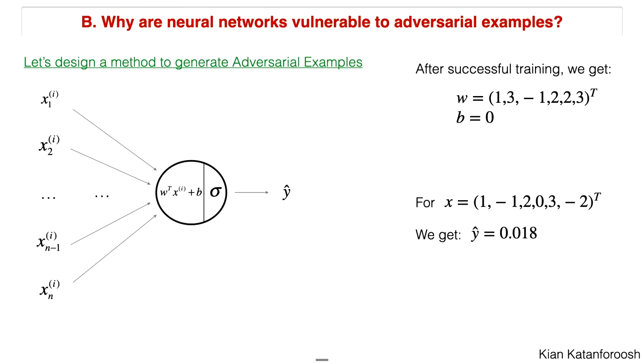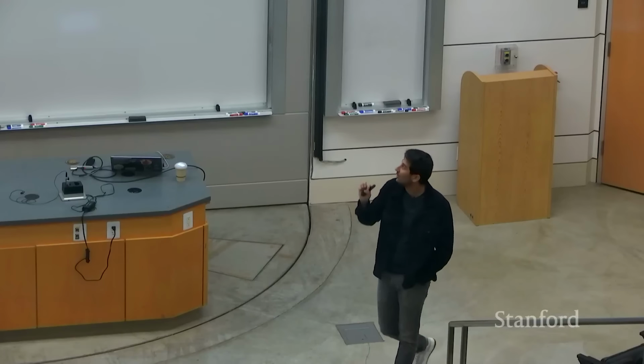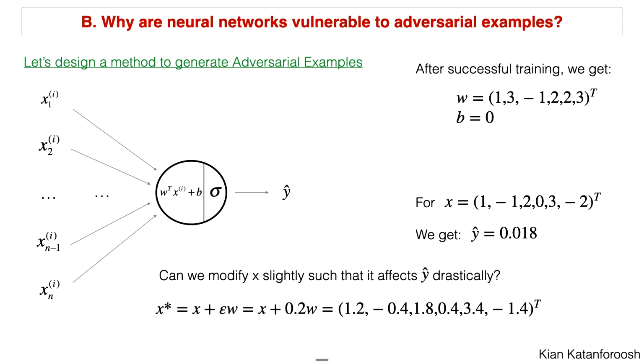Now, it turns out that if you modify slightly X, can it affect Y hat drastically? Let's try an example. We add epsilon, a small number, times the weight vector to X. So X star, our new forged example, is X plus epsilon W. You can do the calculation with epsilon, let's say a small number like 0.2.